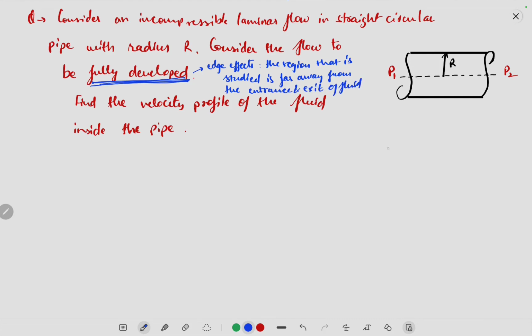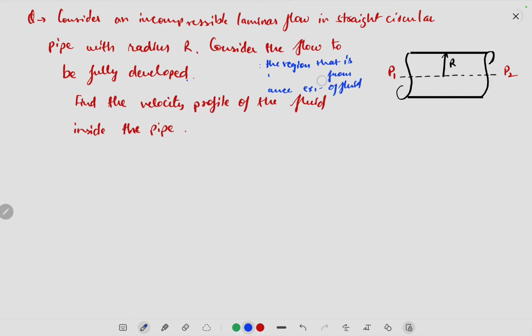Okay, so it could be the case, let's say you have a pipe like this and you have a flow like this. Because now it could be the case that around the entrance the fluid profile is still developing. Okay, but at the center the fluid profile that we want to find has developed fully. So this is what a fully developed flow means.